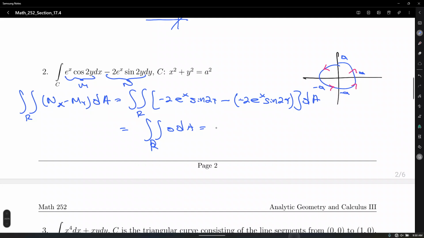Not just a, 0. Right? 0. Well, I wonder why this is. So this means that this force field is conservative, right? What do we know about line integrals over conservative vector fields? They're 0, right? Okay, let's evaluate another one.